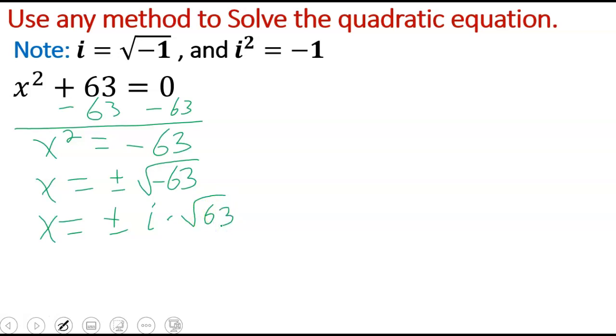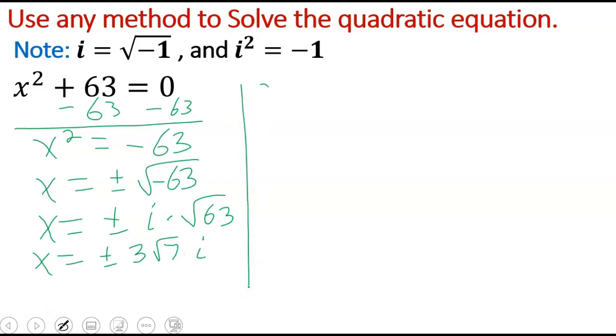Well, is there any perfect square that goes into 63? Yeah, 9 times 7 is 63. So we can write this as plus or minus 3 square root of 7 i.